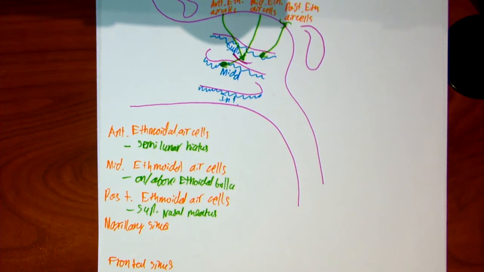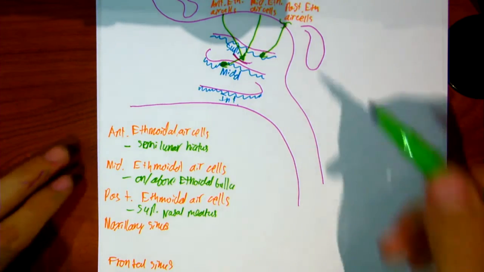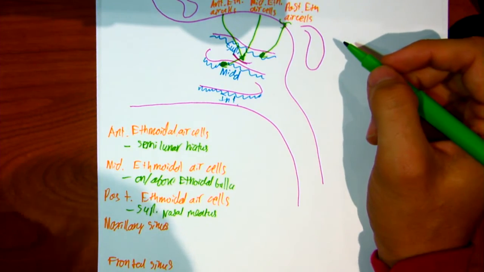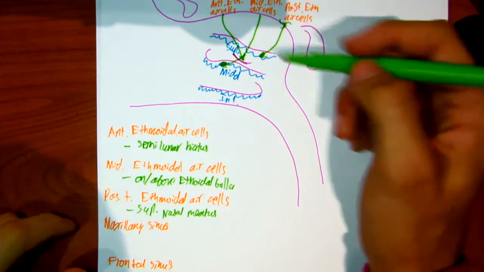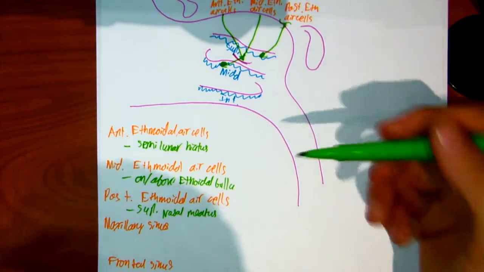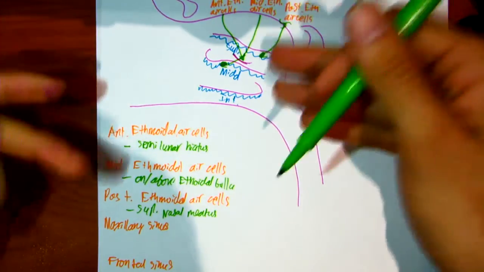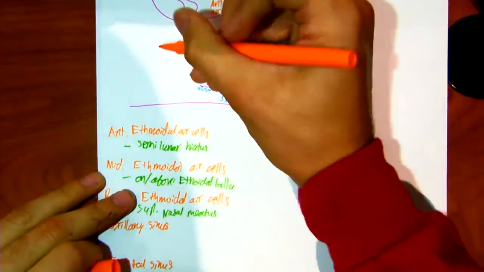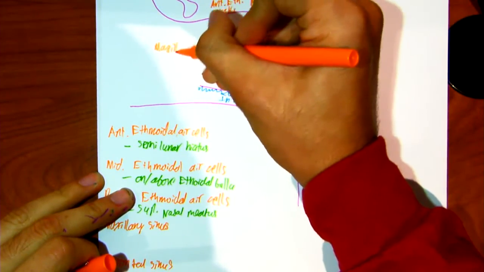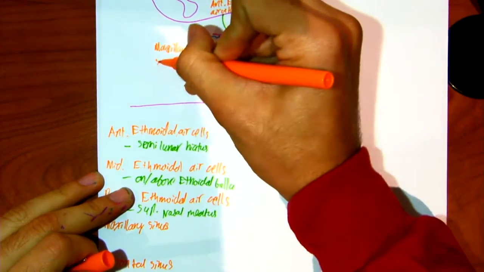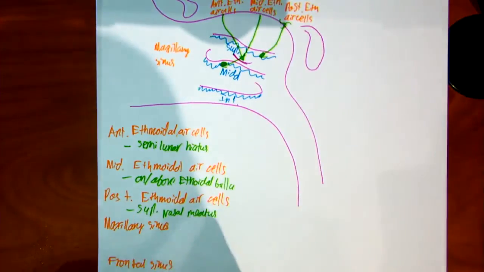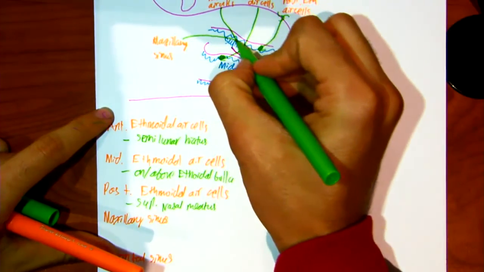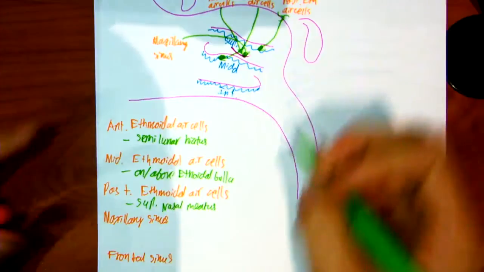So maxillary sinus, what's the drainage? Yeah, awesome. The maxillary sinus will drain into the semilunar hiatus. The maxillary sinus is in your maxilla. Because of the cut of this picture, I can't draw it in, so I'm going to write it over here. Good. And we'll have this also go to the semilunar hiatus.